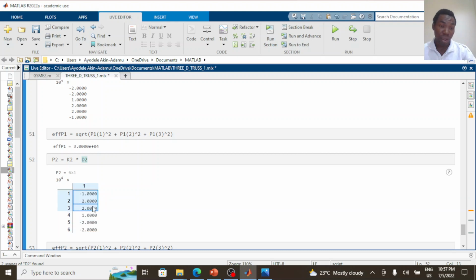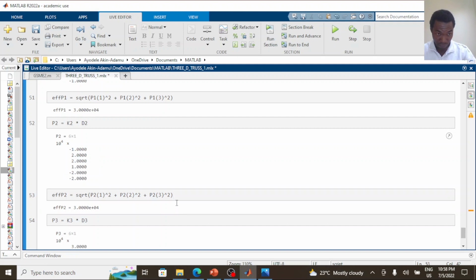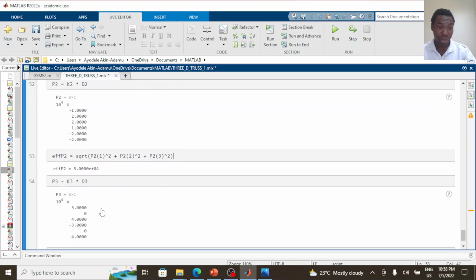So you can also find the resultant of these three forces to get the axial force in element 2. I use this code to compute the resultant force, and I also got 30,000 Newton.